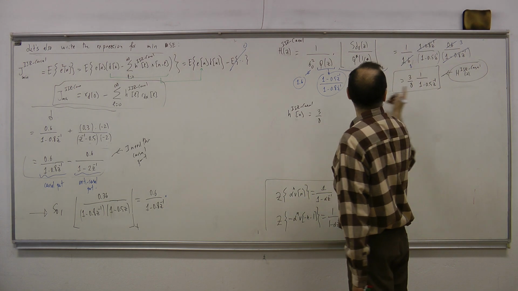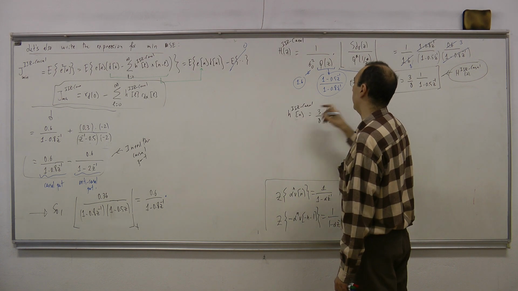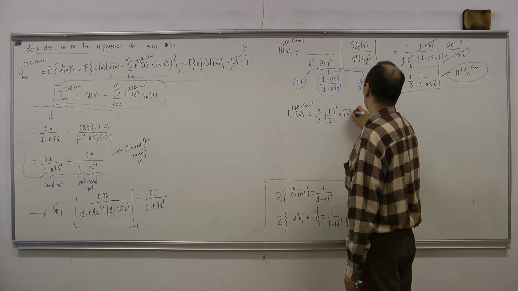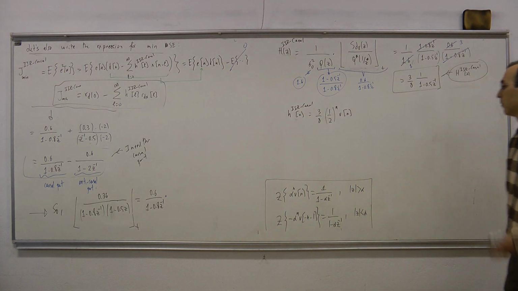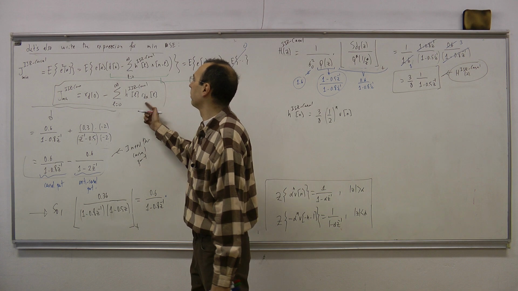This is 0.5, 1 over 2 to the power k. So n. This is u of n. Well, this thing. That is it.